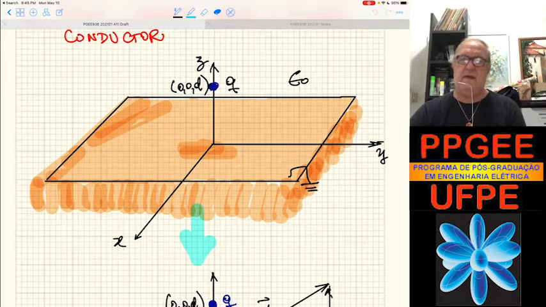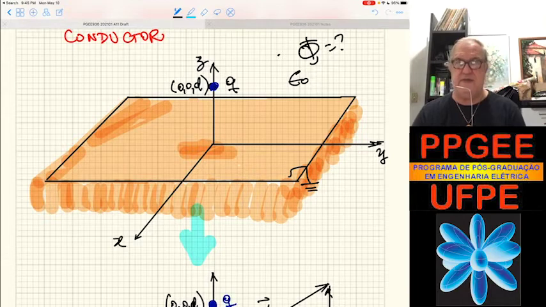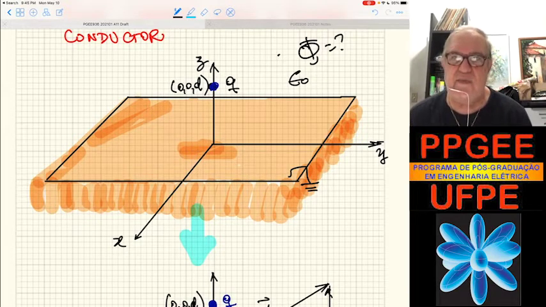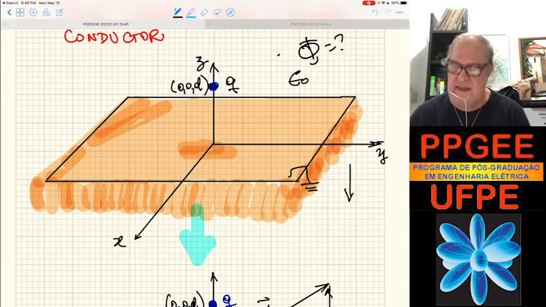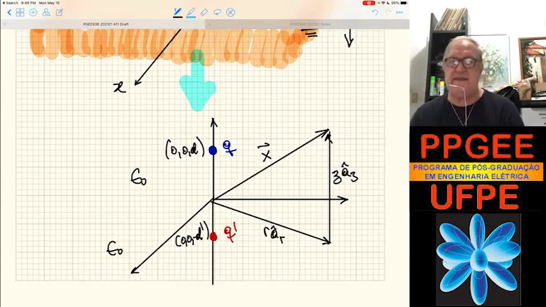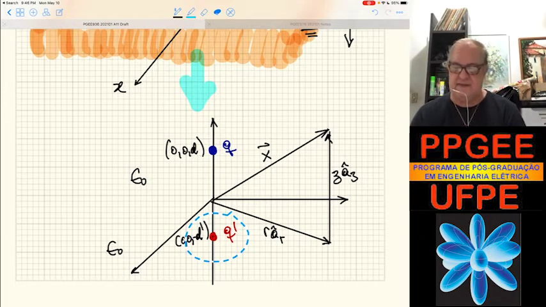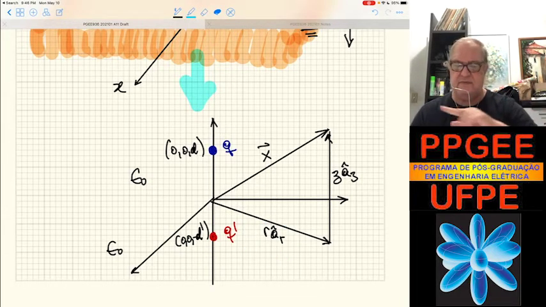And the question is, what is the solution above the grounded surface? So the idea is to try to include an image charge outside of my domain. Outside my domain is the region z smaller than 0. So we're going to try one single charge. By symmetry, the image charge is located on the z-axis, okay? So R parallel is a vector on the plane z equals 0.